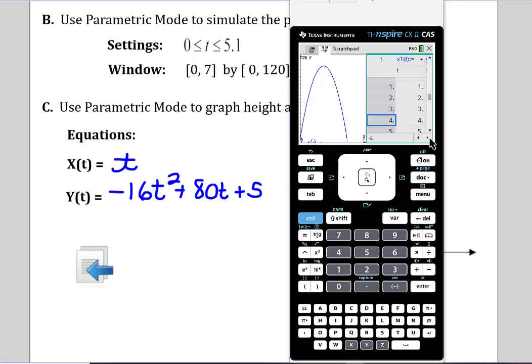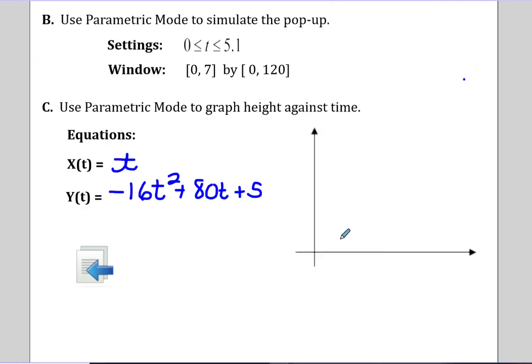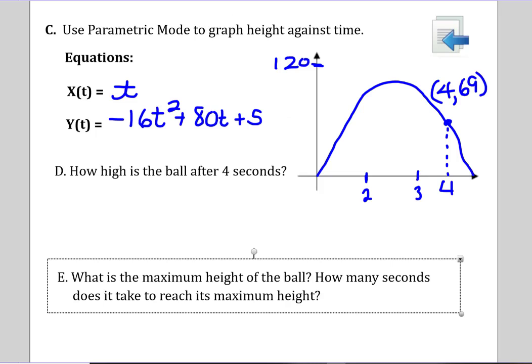So how high is the ball would be the y value, and it looks like that's 69 feet when the time is 4 seconds. So we've got a quick sketch here. So we have the ball is at 69 feet after 4 seconds.